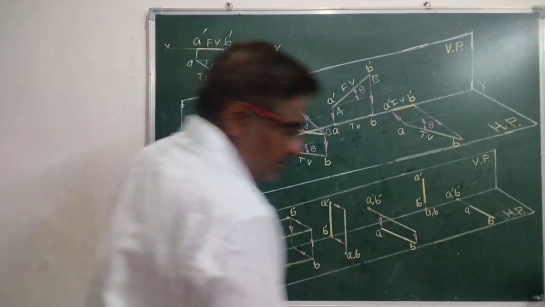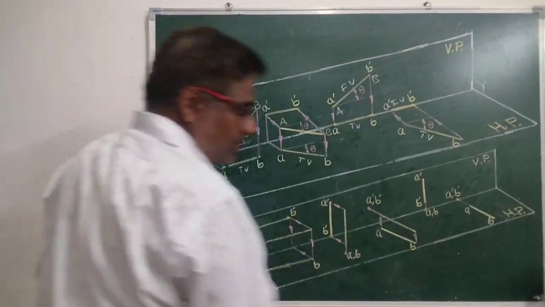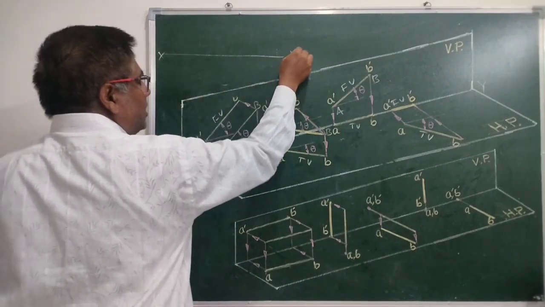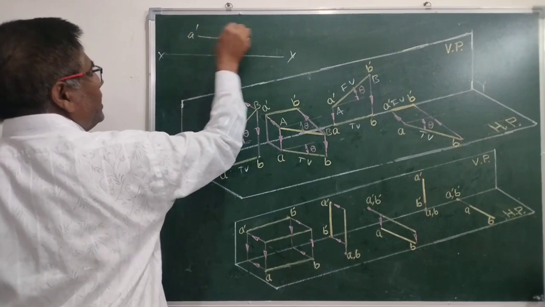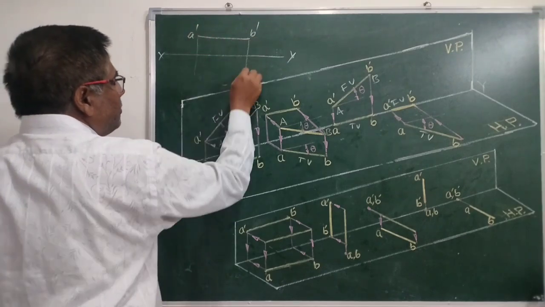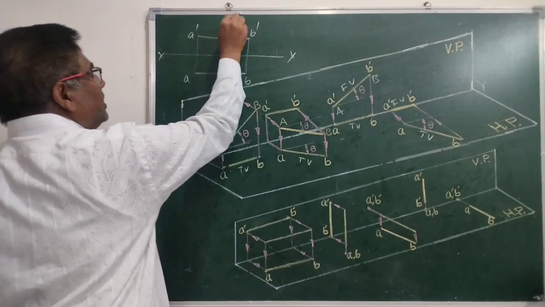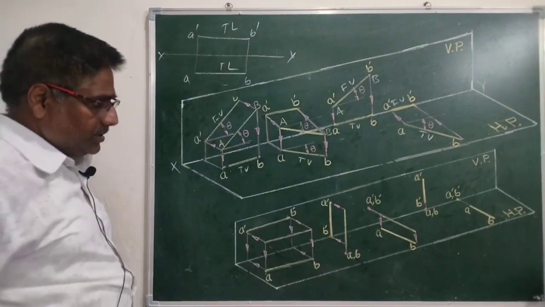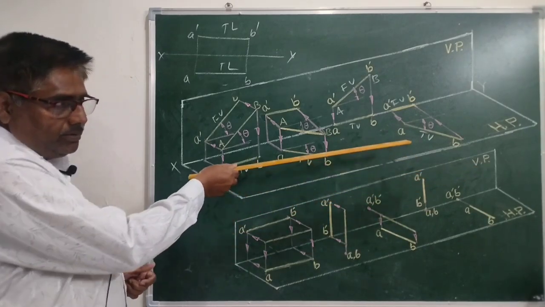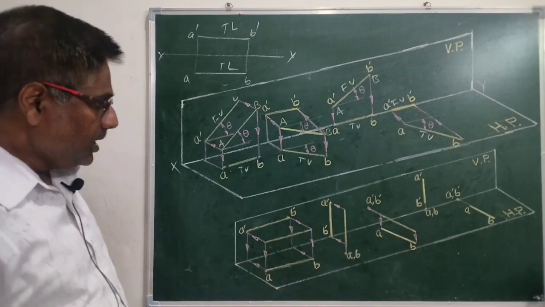If you show it in two-dimensional plane as a solution of problem, it will be somewhat like this. Front view A dash B dash will be parallel to XY, and the top view is also parallel to XY with the true length, when it is parallel to both the planes.